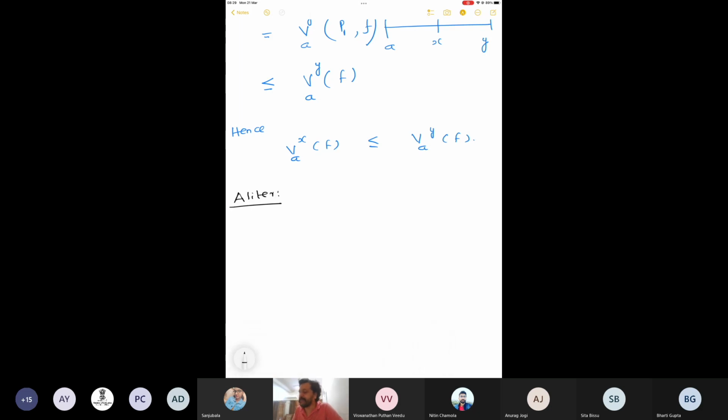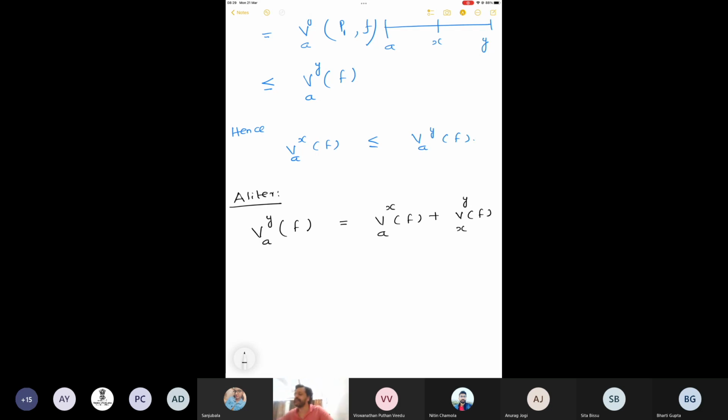In fact, you can see this in another way by using the previous fact number 1. Please note that the total variation of f over [a, y] is equal to the total variation of f over [a, x] plus the total variation of f over [x, y]. This is because of fact 1. Yes or no? The total variation is additive.